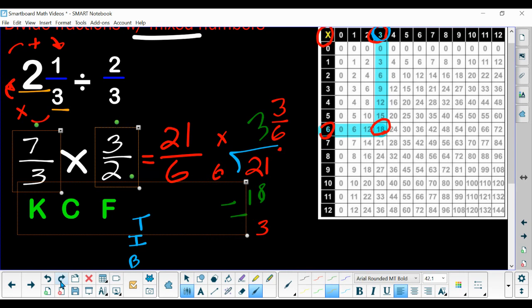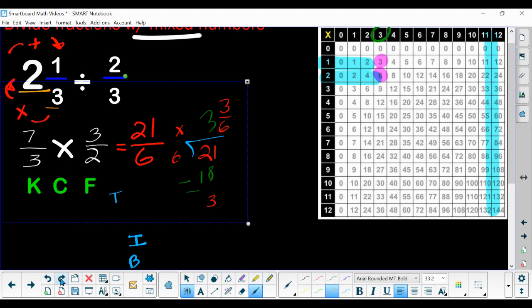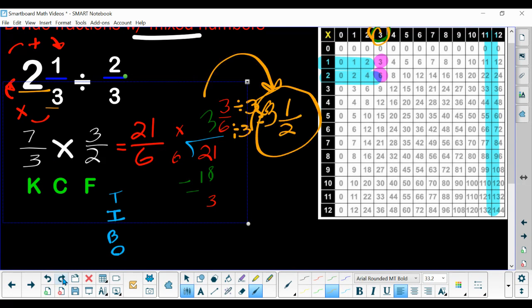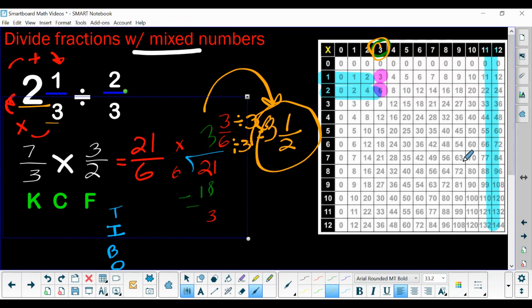I'm still not done yet, though. I still have to reduce because, if you notice, 3 and 6 come out right here where 3 is lined up. So that's the number I'm going to divide both of them by, 3. Divide the top and the bottom by 3, and I end up with my final answer, 3 and 1/2.